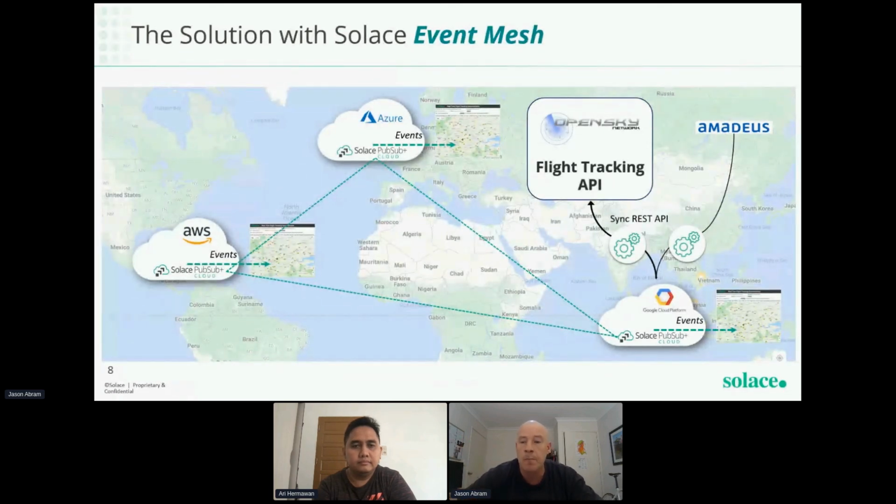So with persistence, anything that's delivered to those queues can be persisted for a set period of time. We can also configure the ability to do retries for those messages.